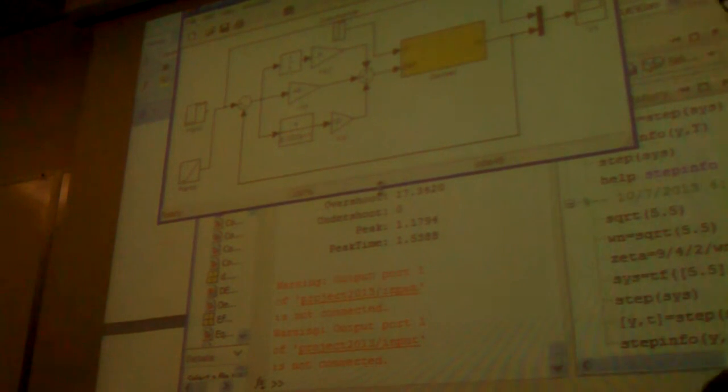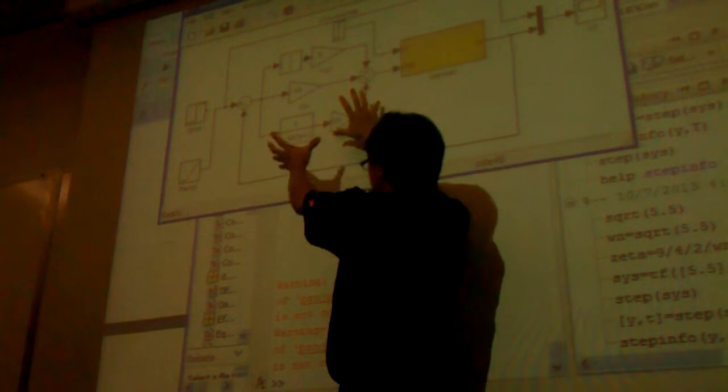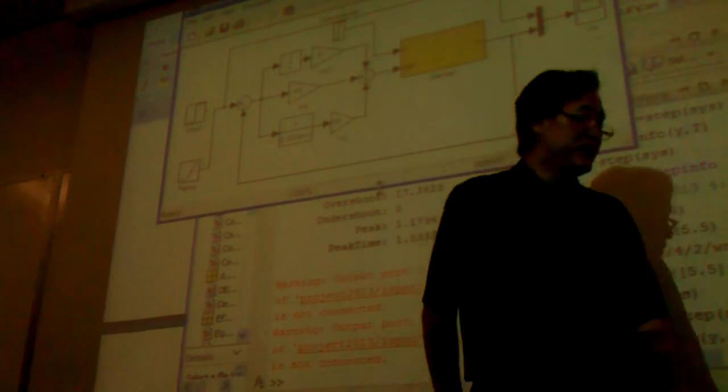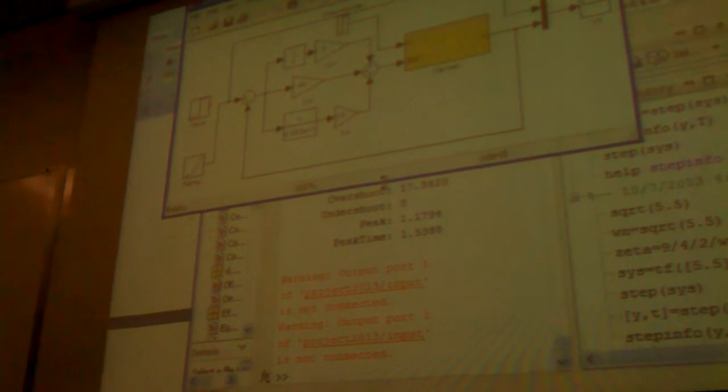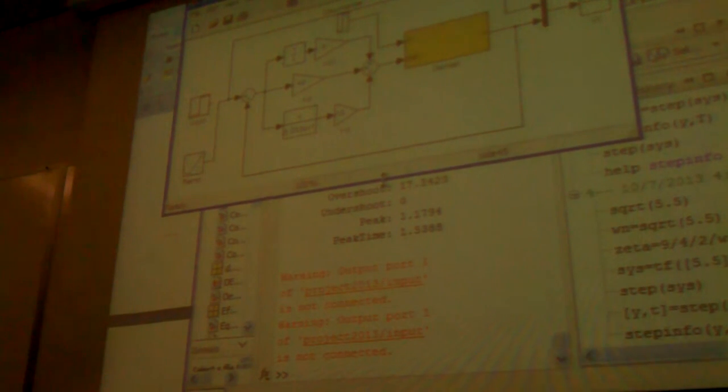There are three blocks here, so I can combine them using the method, or you can use theoretical calculus.